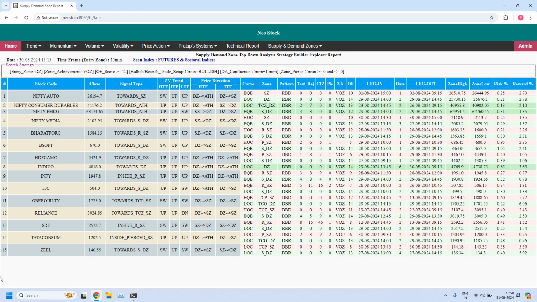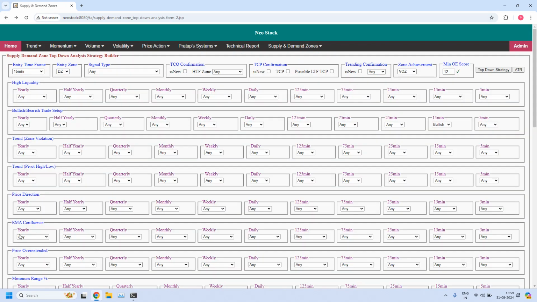Now let us verify out of these 15 stocks, let us filter based on EMA confluence because ITF trend is uptrend. Let's look for 75 minutes demand zone with daily EMA confluence. So in the 75 minutes demand zone, I am looking for demand zone with daily EMA confluence.